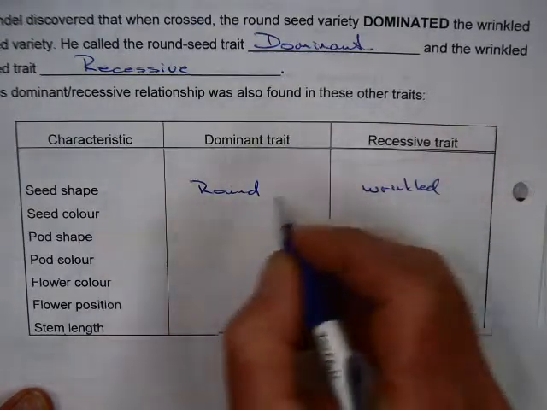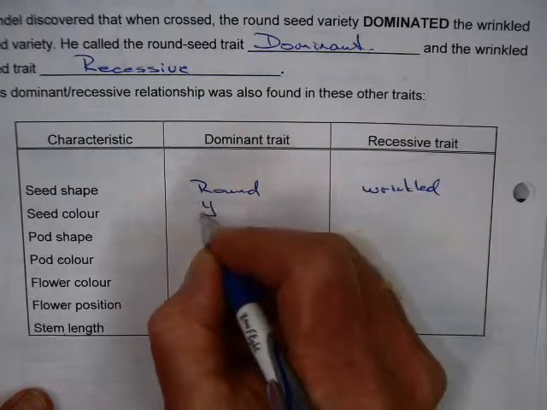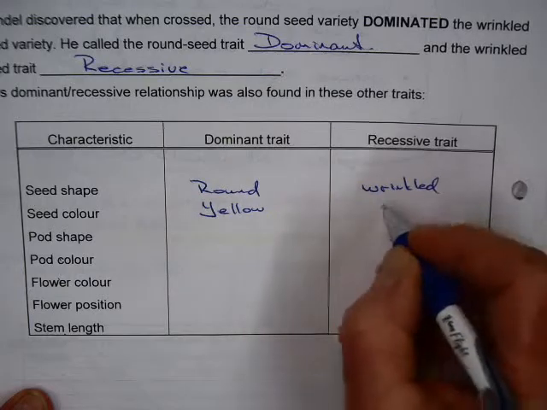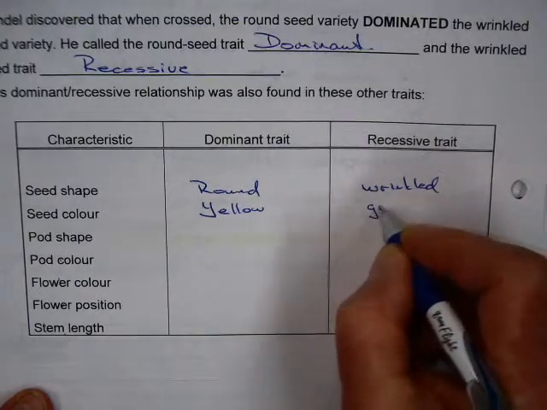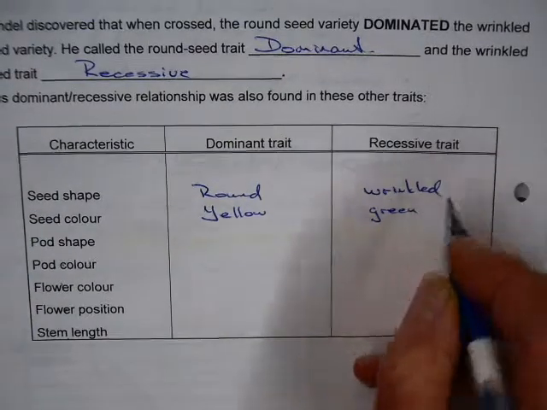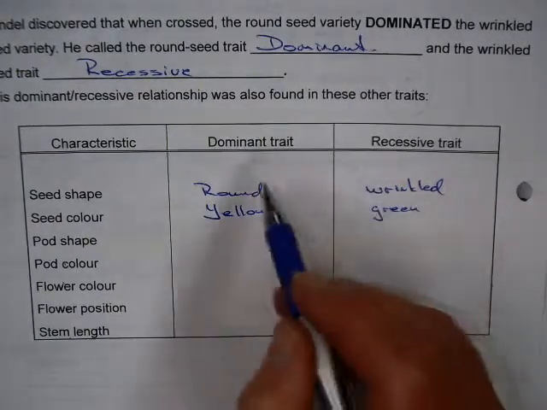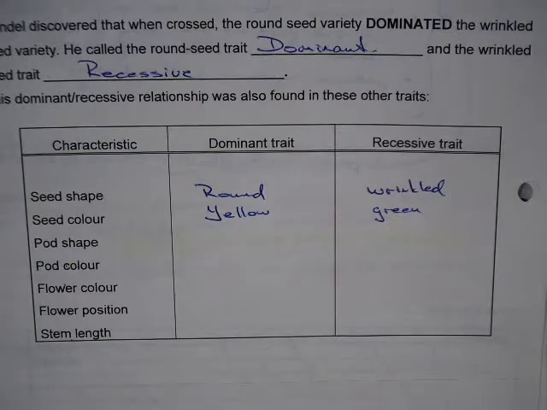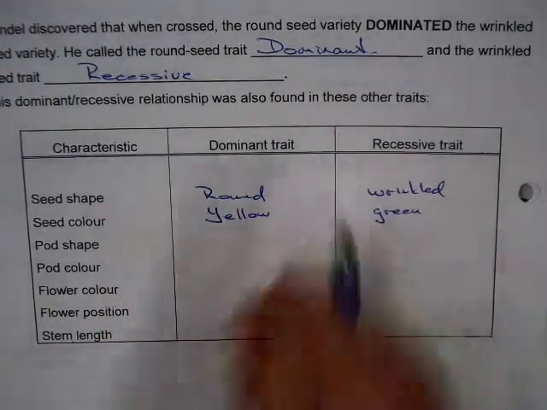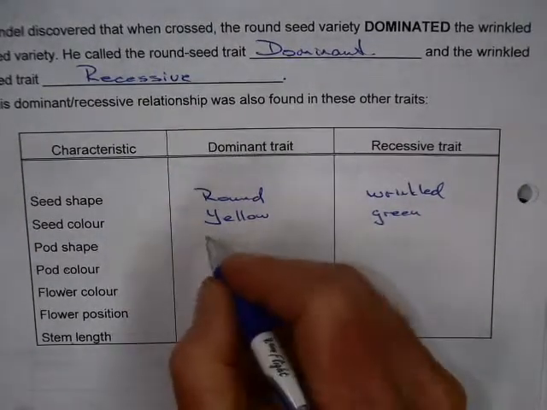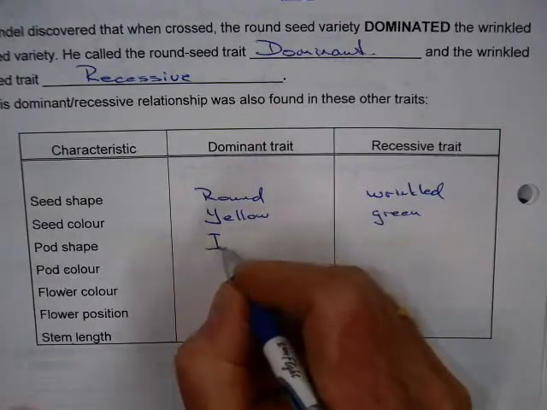The seed color, dominant, would be yellow. And the recessive would be green. Notice that I'm using capital letters here and lowercase letters here. Again, this is just my way of showing who is on top of this thing. So pod shape. You're talking about the shape of the pea pod where all the peas line up inside. The dominant trait was inflated.